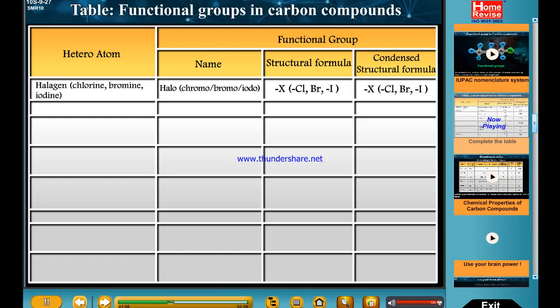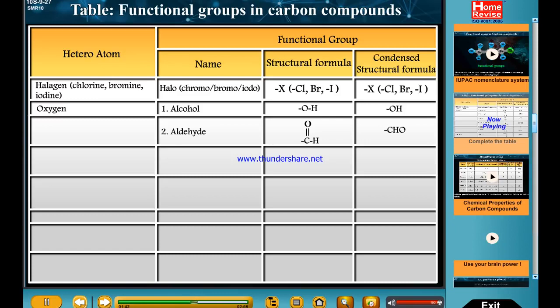The heteroatom is oxygen. The functional group is 1. Alcohol. Its structural formula is OH. Its condensed structural formula is OH. 2. The functional group is aldehyde. Its structural formula is C double bond OH. Its condensed structural formula is CHO. 3.